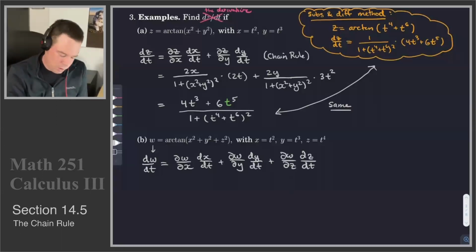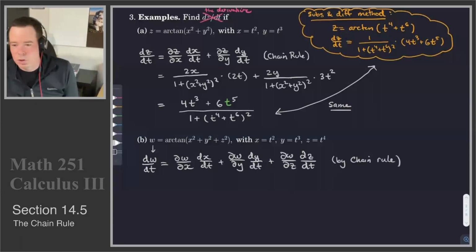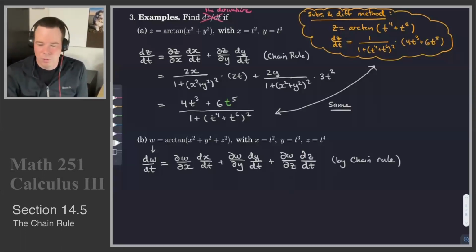So there's our chain rule. As I said, once you know how to do it for two variables, you can do it for more by just continuing the pattern along. We just add to the original expression the next partial derivative. So the partial derivative of w with respect to whatever the next intermediate variable is, times the derivative of that variable with respect to t.